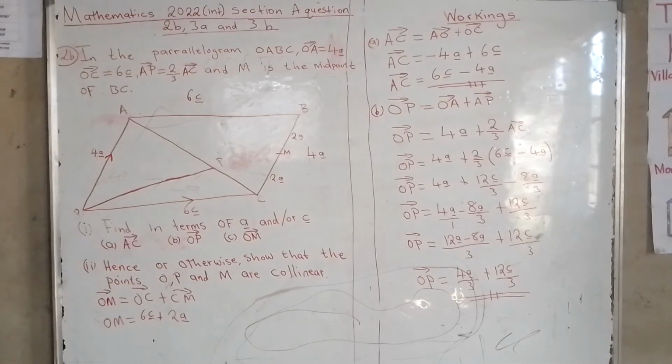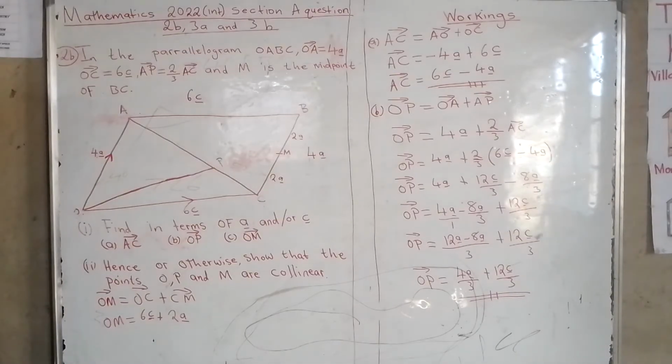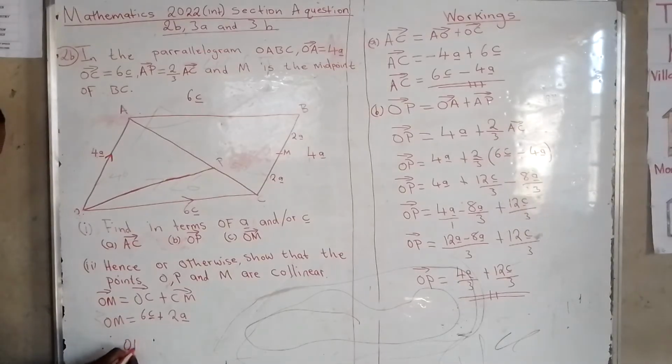Okay? 2 vector A. So as I told you, sometimes some teachers will tell you to factorize that. So you can factorize, and some teachers again like me will tell you, when you're trying to find vectors in such a way like here, whereby I have C and A, you try to follow the alphabet, according to the arrangement of vectors. So you can just say therefore OM is equal to, you just start with this one.